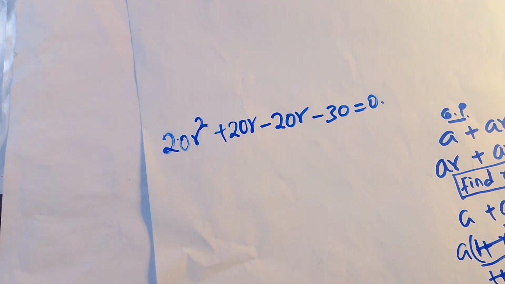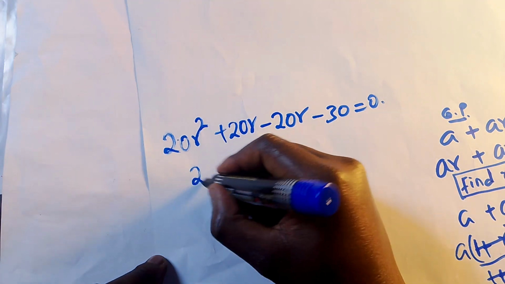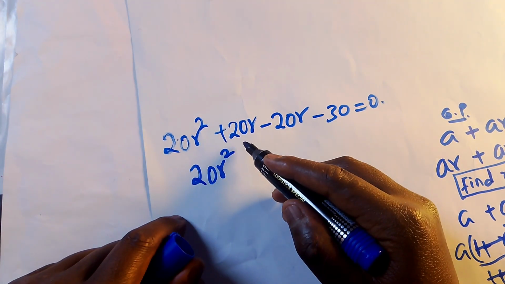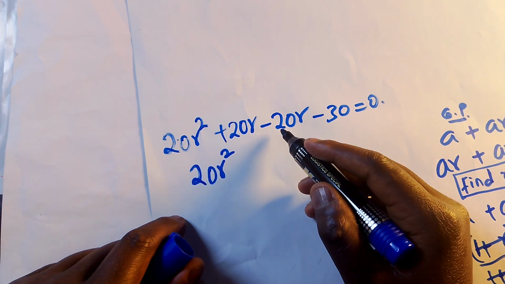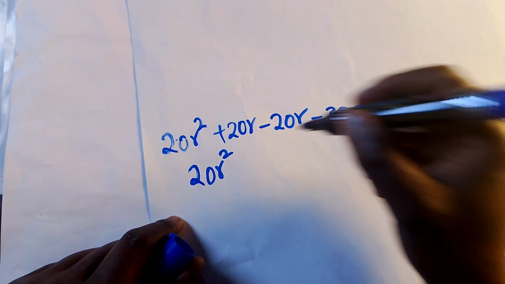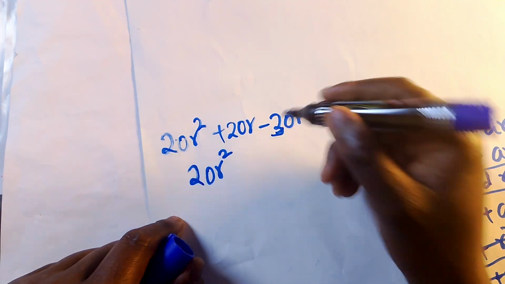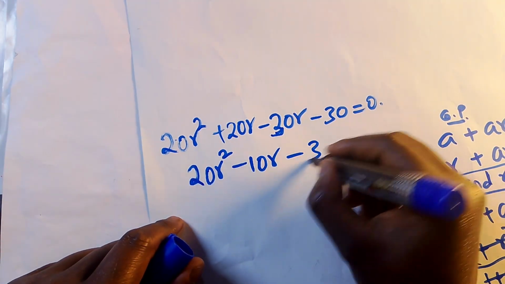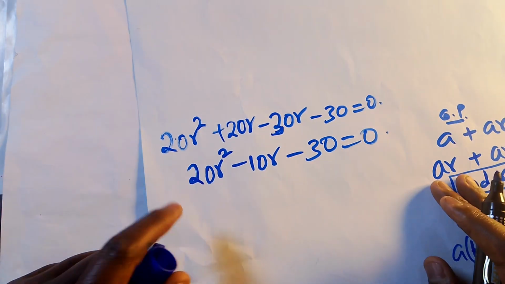So if we put our like terms together, we get 20r squared, then 20r minus 30r, which is minus 10r, then minus 30 is equal to 0.